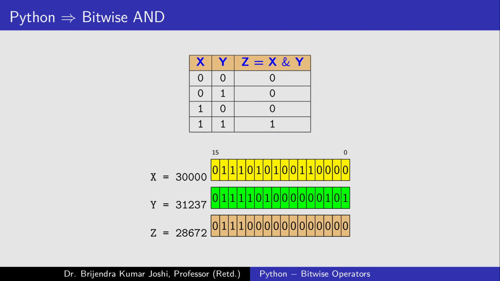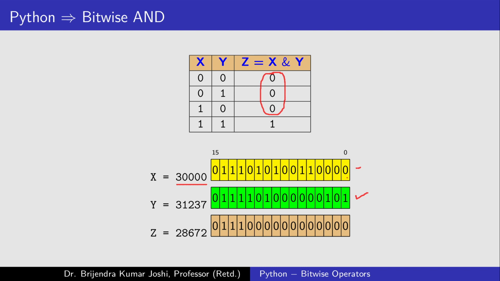Now bitwise AND. Pay attention here. If any of the inputs is 0, the output is going to be 0. Again, same example, 30,000. This is the bit representation. This is 31,237. And bitwise AND results in this.